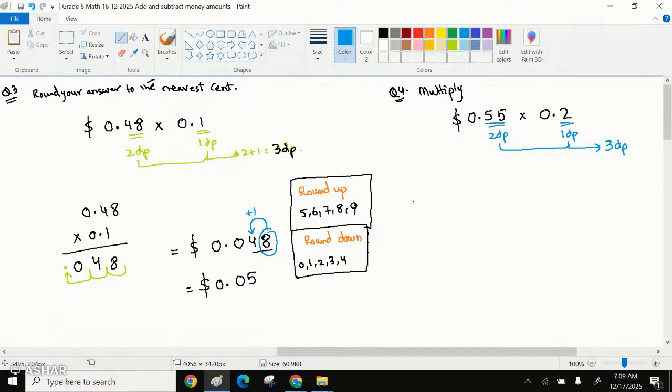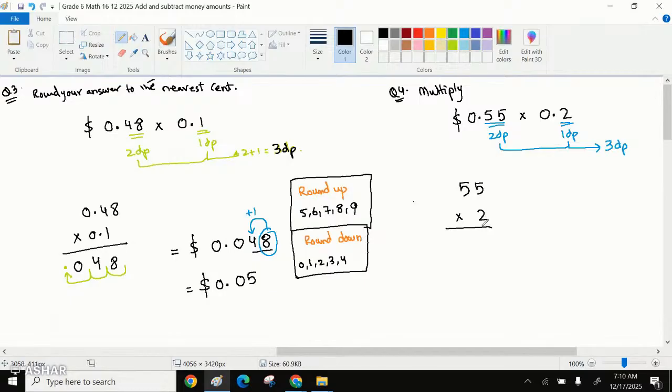So once we have counted the decimal places, we can consider these decimal numbers as whole numbers. So 0.55 becomes 55 and 0.2 becomes 2. We are considering them as whole numbers because we have counted their decimal places.